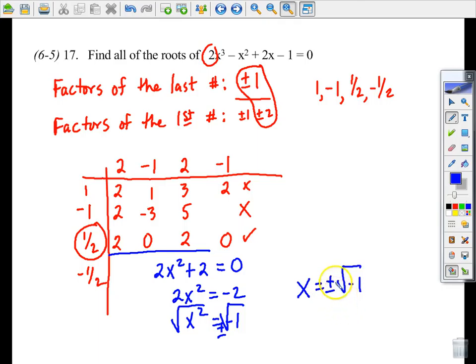Well, I don't want you to leave this because we have a number that is equal to the square root of -1. And it's the number i. We learned about that way back in chapter 6. So the simplified way of writing the square root of negative 1 is i. So to go along with positive 1/2, my other two solutions are i and negative i.